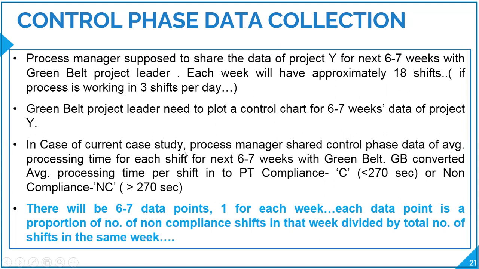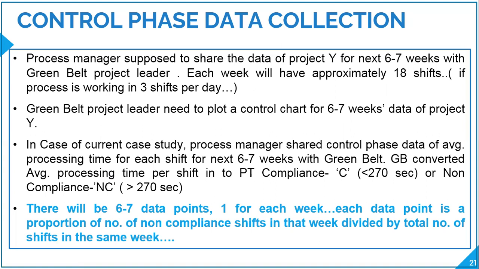In the current case study, the process managers share the control phase data of average processing time for each shift for the next 6 to 7 weeks with the Greenbelt. The GB converted average processing time per shift into PT compliance, that is C, which is less than 270 seconds. If the average processing time per unit for a given shift is less than 270 seconds, then that is a compliance shift.